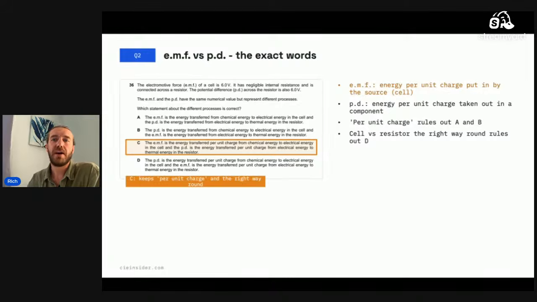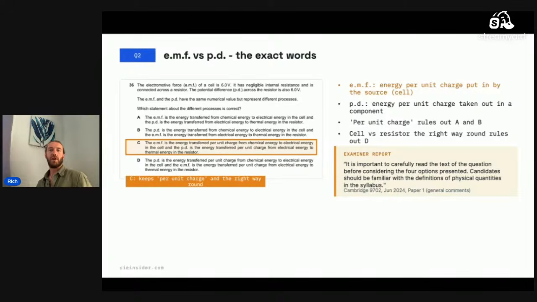So EMF, energy per unit charge put in by the source. PD is energy per unit charge taken out in a component. The per unit charge part is very important because otherwise it's not defining either of them. And then obviously making sure that we know that a cell is going to put in energy, a resistor is going to take away. So it must be that way around.